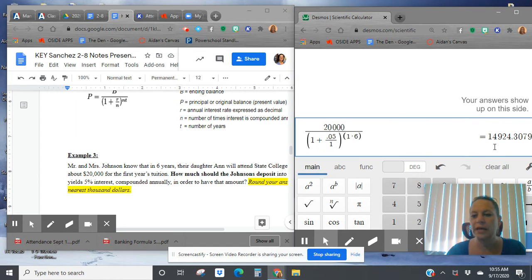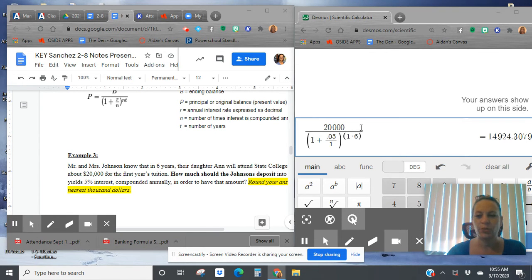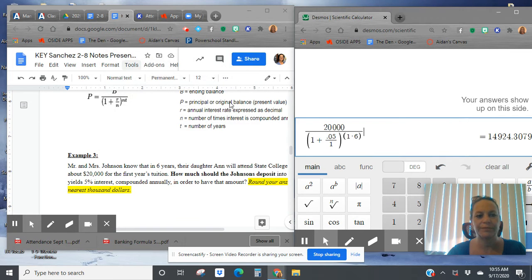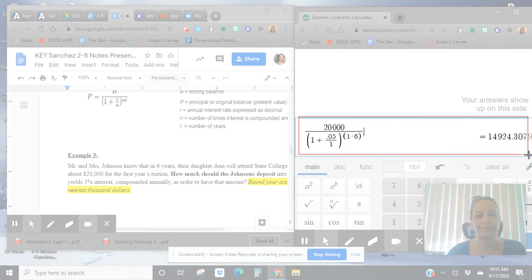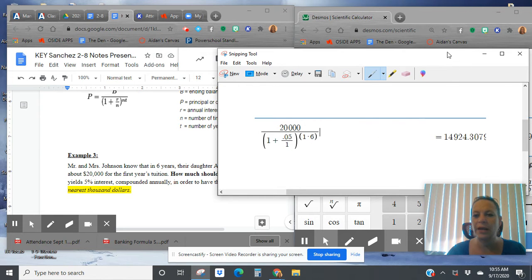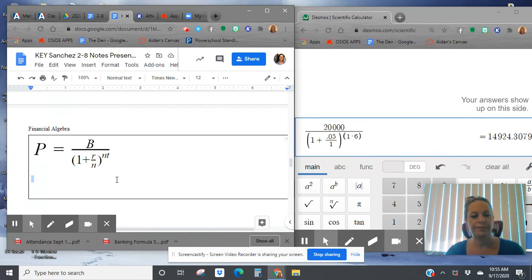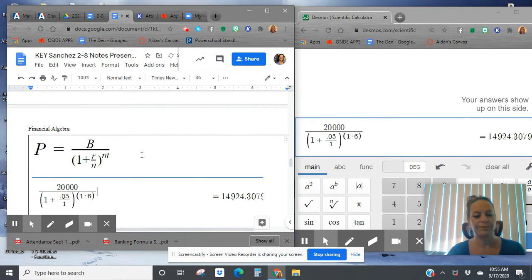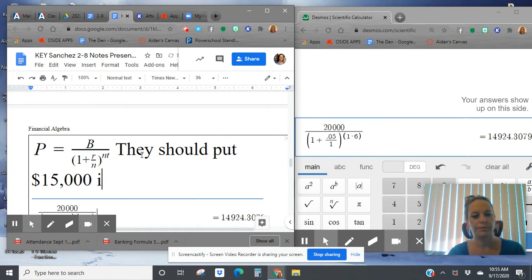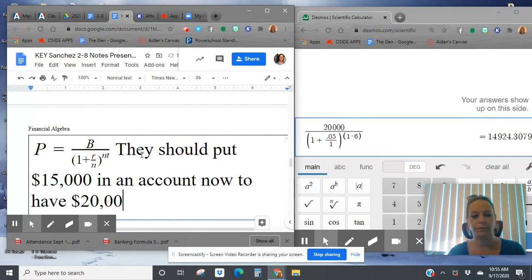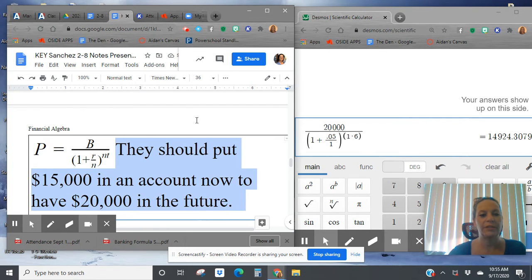And so it's 14,924, we're rounding to the nearest thousand. So we're just going to say $15,000. This is how much they should put in an account now in order to have the 20,000 in the future. We had to round to the nearest thousand.